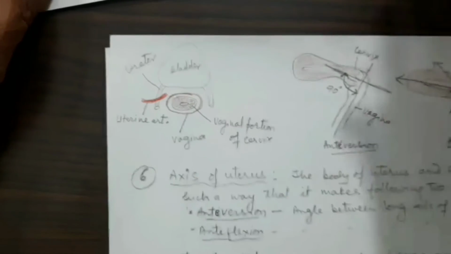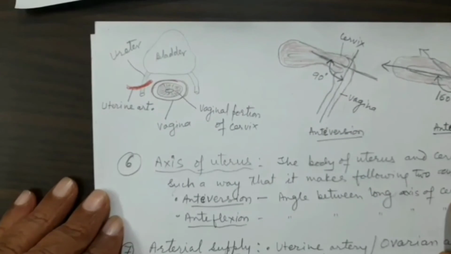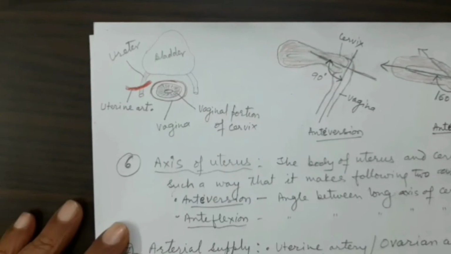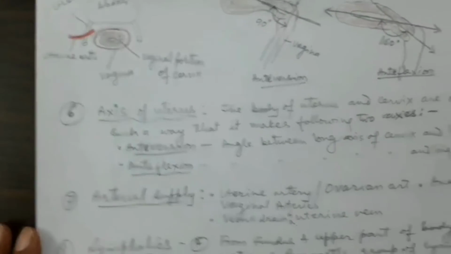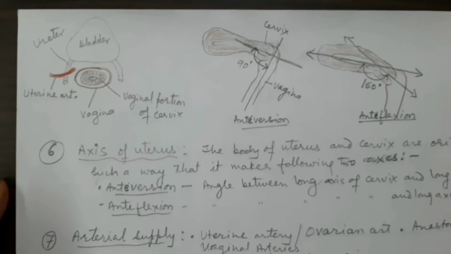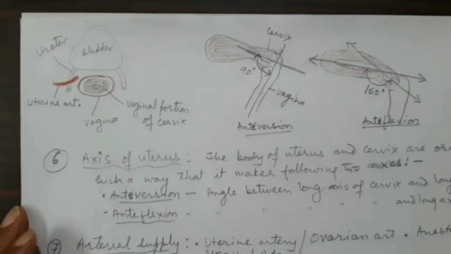So these are the visceral relations of the uterus. Let us come to another aspect of the orientation of this uterus, and its relation with the vagina, and the relation between the body of the uterus and the cervix itself.